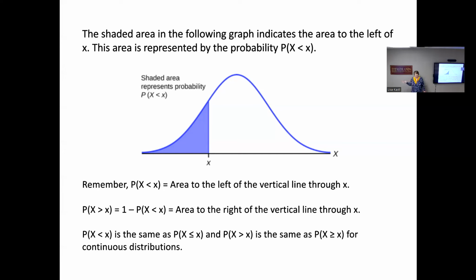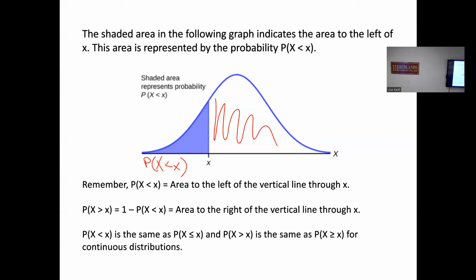So if you find the area to the left of a particular X value, the area to the right is just 1 minus that. If this represents the probability that X is less than some value X, this area is represented by 1 minus the probability that X is less than some X, because the total area under the curve has to equal 1.